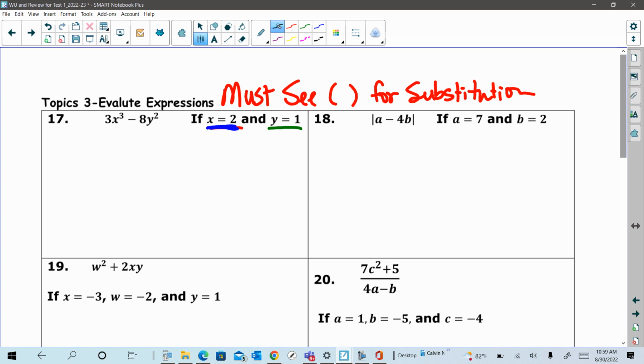So here's how the parentheses work. Whatever's in front of the variable, you keep. So I keep the 3, and now we do parentheses, close the parentheses, to the third power. Minus 8, and now I'm substituting my y, parentheses 1, close the parentheses, to the second power.